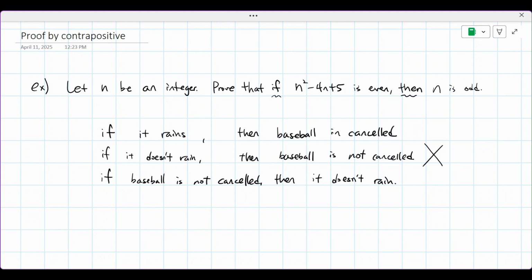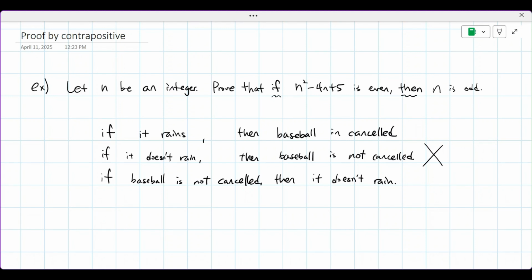Does this make sense? Well, if you think it through, then yes, this statement is definitely true. Because if baseball is not canceled, like if the game is on, then it must not be raining, right? Because baseball cannot be played if it's raining.